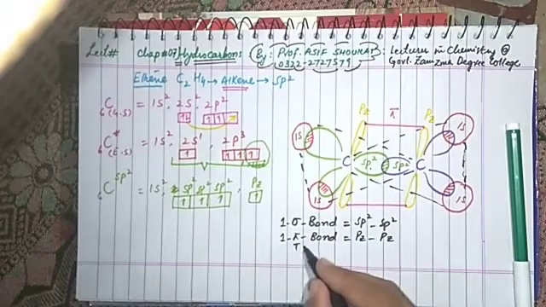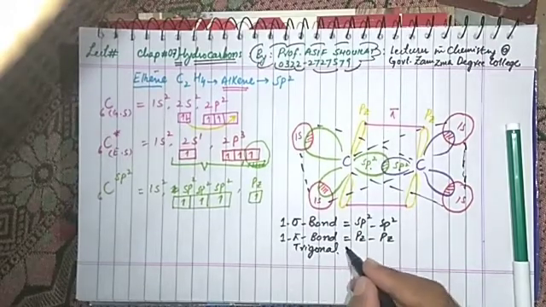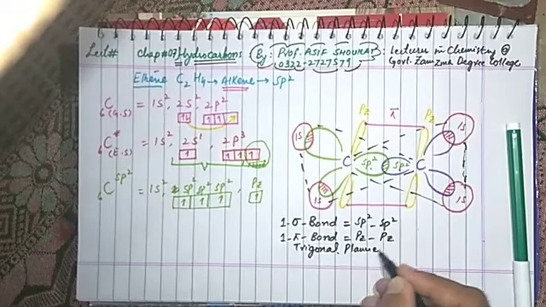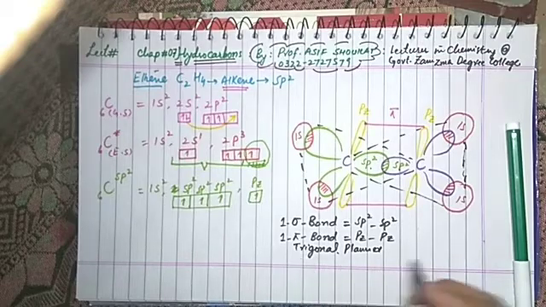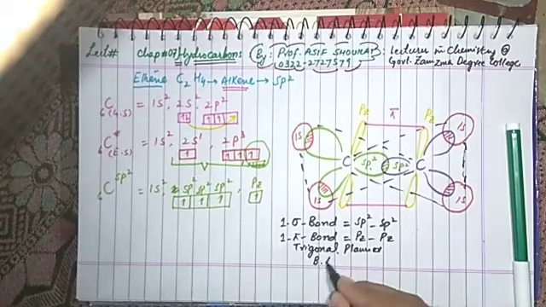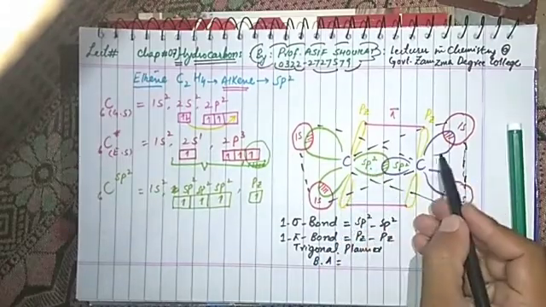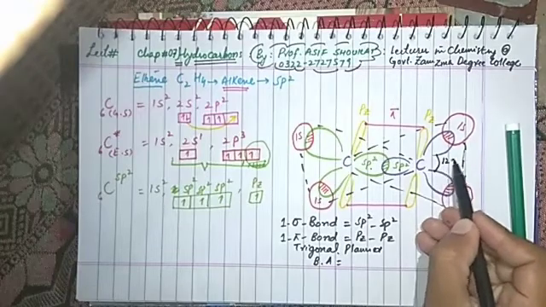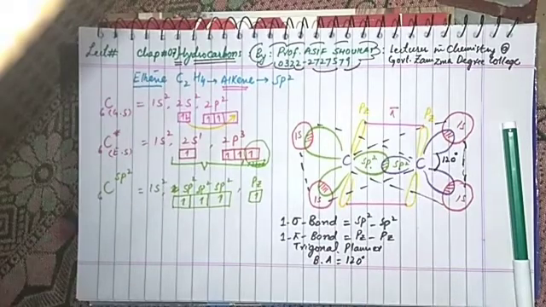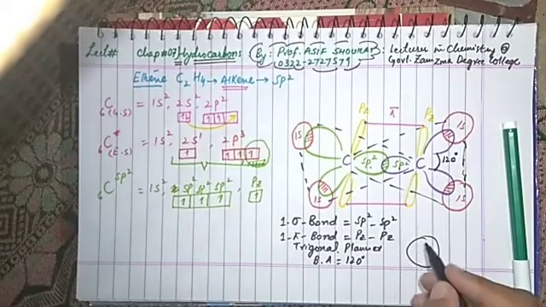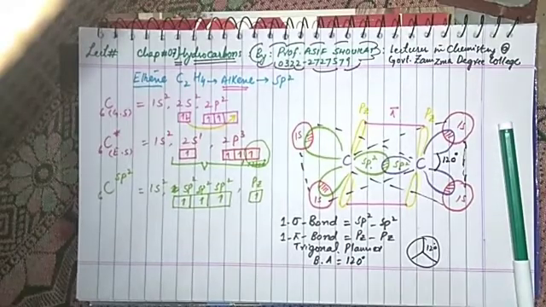Shape is trigonal planar, planar trigonal or trigonal plane or whatever you want to write, you may. Also there is a bond angle. Bond angle is actually that angle which lies between two bonds. It is 120. Why 120? Just have a quick look into a circle. If a circle is equally divided, then it makes angle of 120.